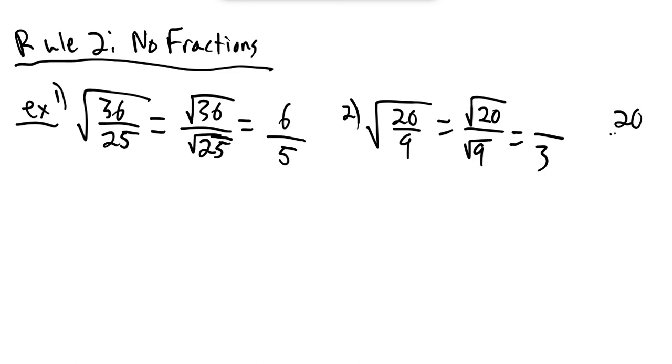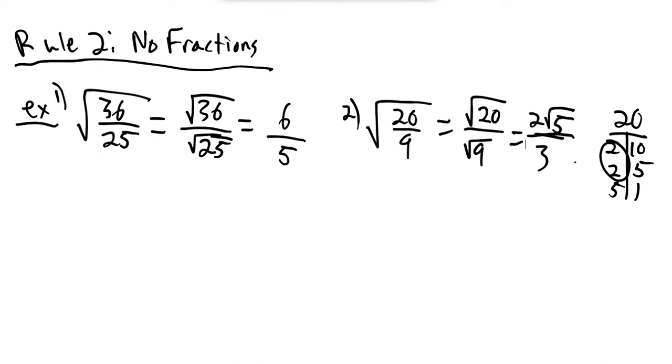Well, got to go to our t-chart for that one. We've done this one enough that we know we can pull out 2 2's and leave a 5 in. So this becomes 2 square root of 5 over 3. That's how we deal with fractions. Split up the square root over the fraction and then do the square roots like you did with rule 1.